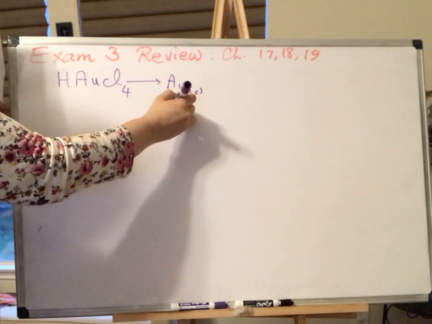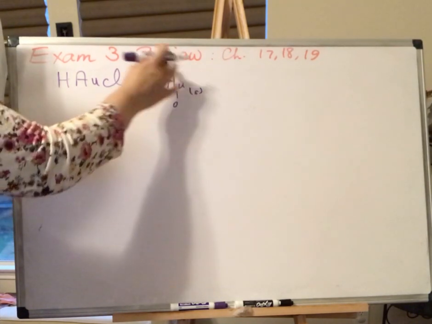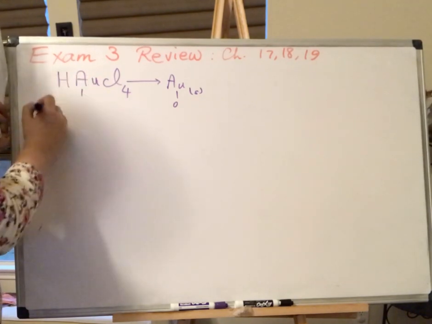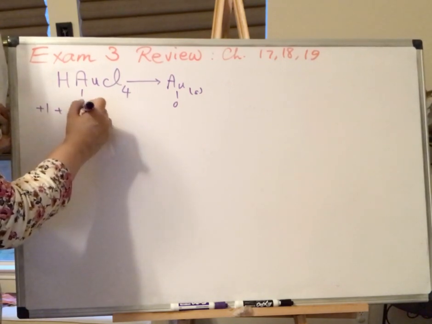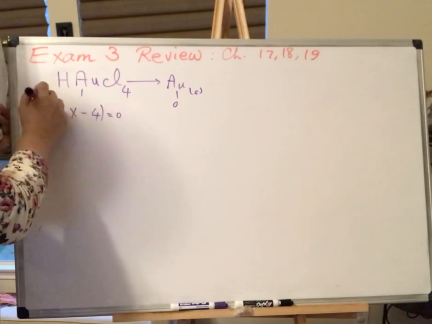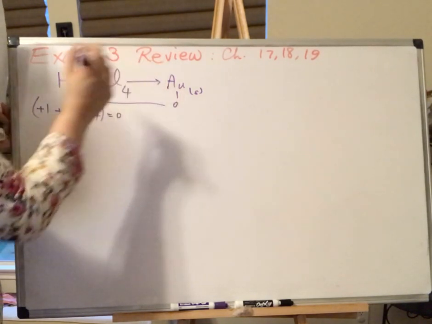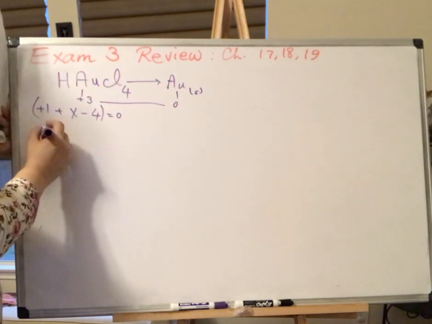Oxidation number of gold on the right side is 0 because we're dealing with metal in its most stable state. But here we have positive 1 for hydrogen plus X minus 4 times negative 1 for chlorine is equal to 0. So the oxidation number for gold is 3. So 3 moles of electrons, going from 3 to 0, 3 moles of electrons.